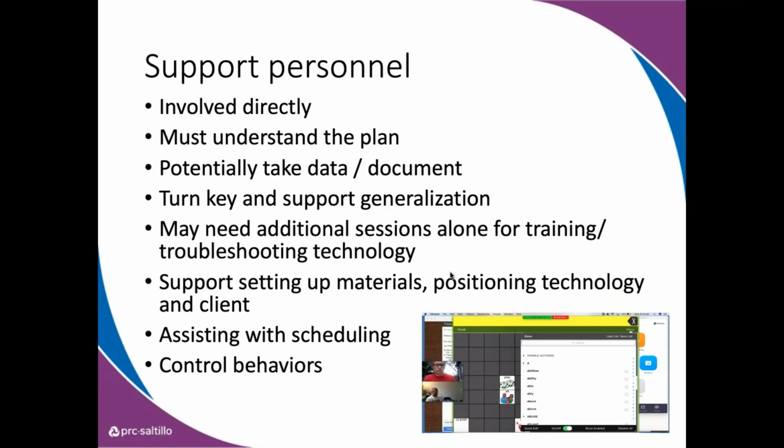And that's why I mentioned before that you may need additional sessions specifically for training, both implementation training and troubleshooting technology training. I make it very clear when I'm doing one or the other, to say, no, this is a technology-based training. We can have a separate implementation training specific to whatever it is that I'm trying to target.